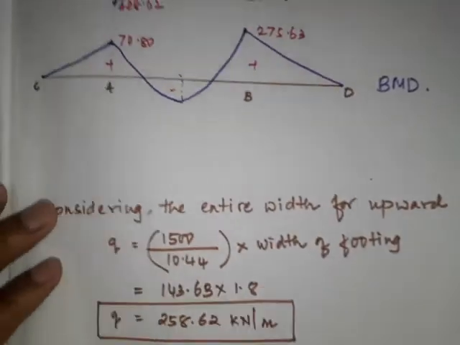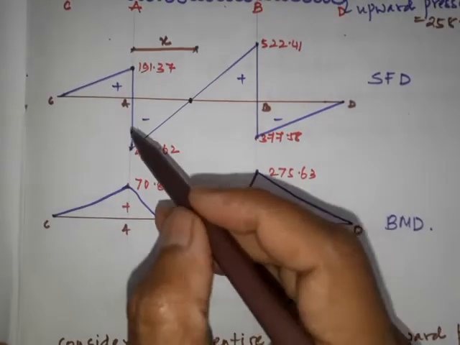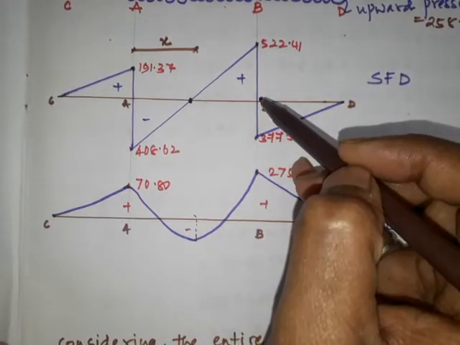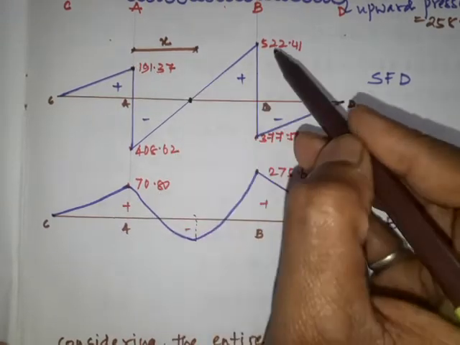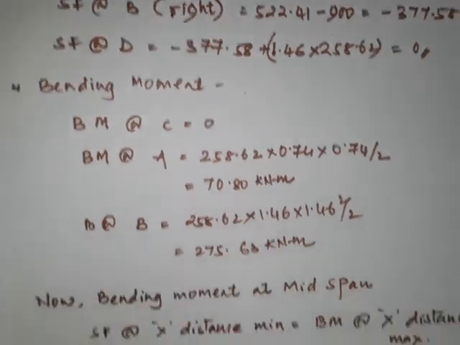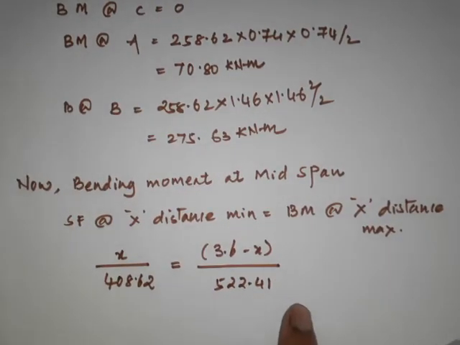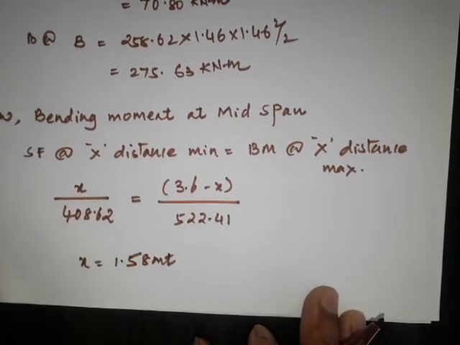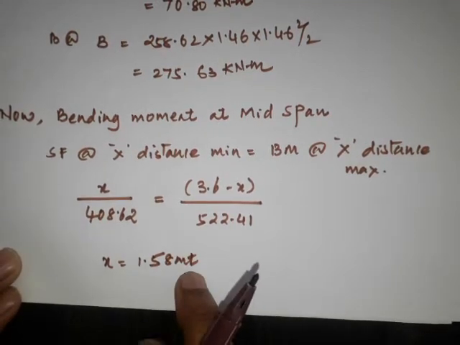I'll show it once again: x divided by 408.62 is equal to (3.6 minus x) divided by 522.41, because this distance is 3.6 minus x. By calculating this, we get x is equal to 1.58 meter. Understood? x is equal to 1.58 meter.